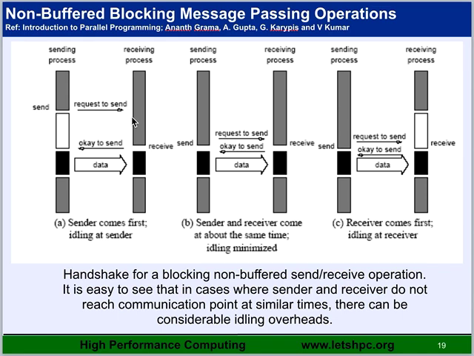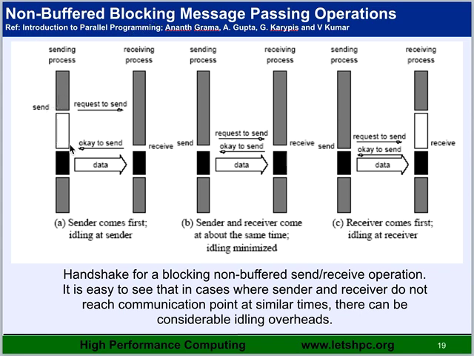But it turns out that the receiving process is not ready to receive that data, so the sending process basically waits. This white segment represents the idling time. The receiving process is ready at this instant, so the sending process has lost this amount of time because we are talking about a blocking protocol.